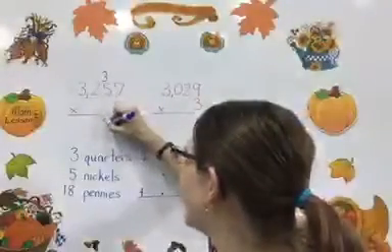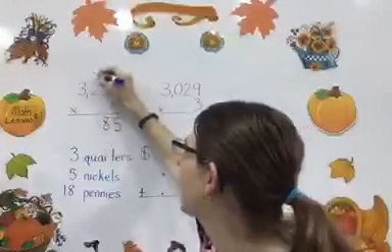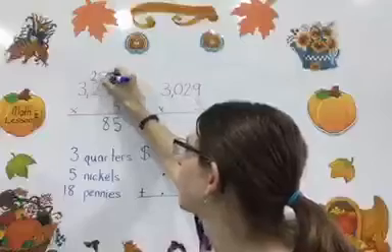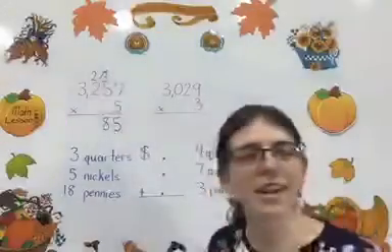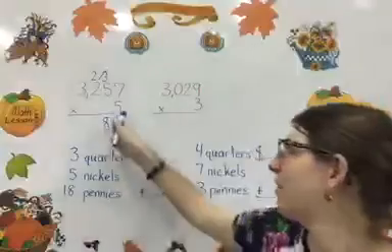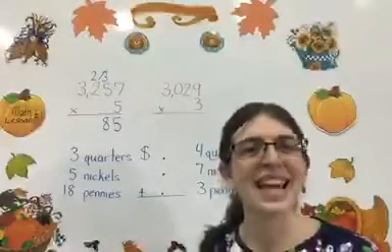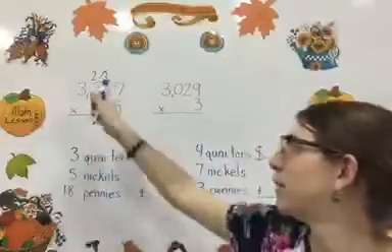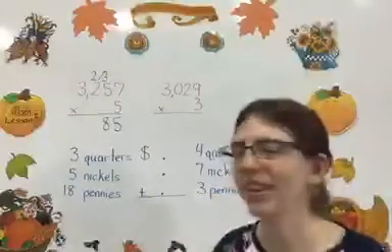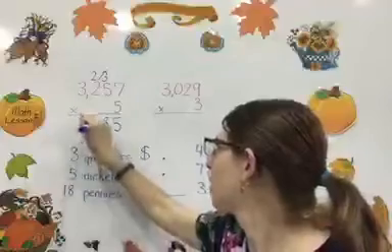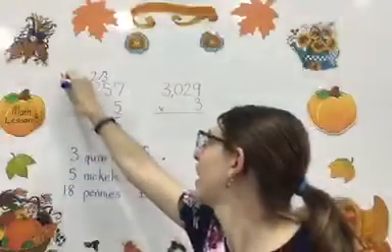So we put our 8 down here and we carry our 2. We can cross out our 3 because we're done with it. 5 times 2 is what? 10, that's right. Plus 2 more is 12. So we put our 2 down here, carry the 1.